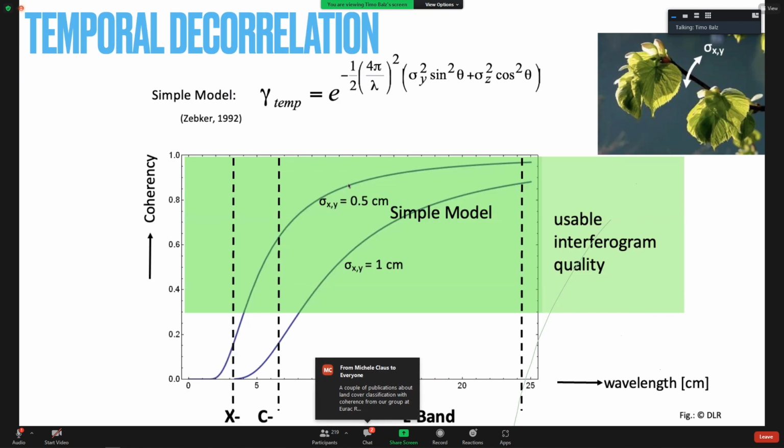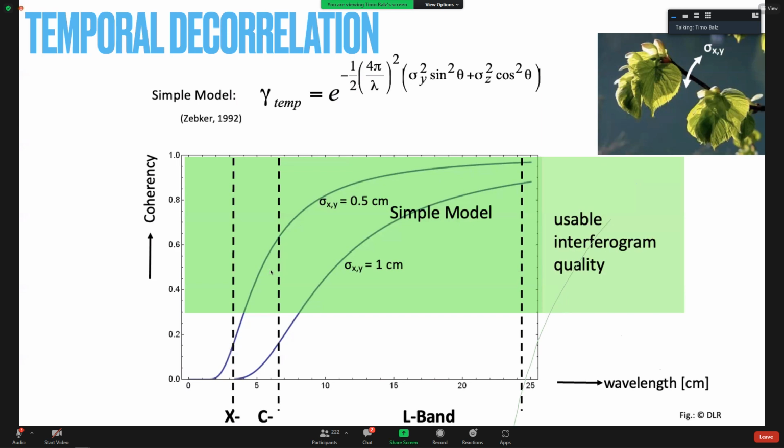It's really not much in terms of motion of such a twig. If you imagine a tree, a motion of 5 millimeter, that's almost wind still, right? There's almost nothing moving. With such a motion in X band, you get already a very low coherence, less than 0.2.